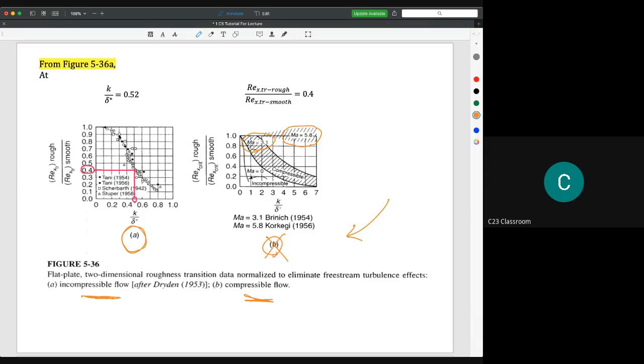Compressible means we change the density, which can occur under two conditions: one at higher pressure, and one at high velocity. Normally, people will start playing around with the high velocity, the Mach number.